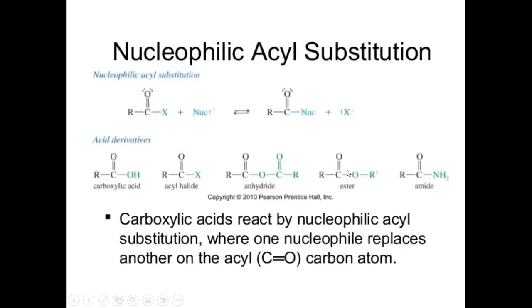You can see examples: carboxylic acid, acyl halide, anhydride, ester, and amide. Carboxylic acid will react by nucleophilic acyl substitution, where one nucleophile will replace another on the carbonyl, C double bond O, carbon atom.